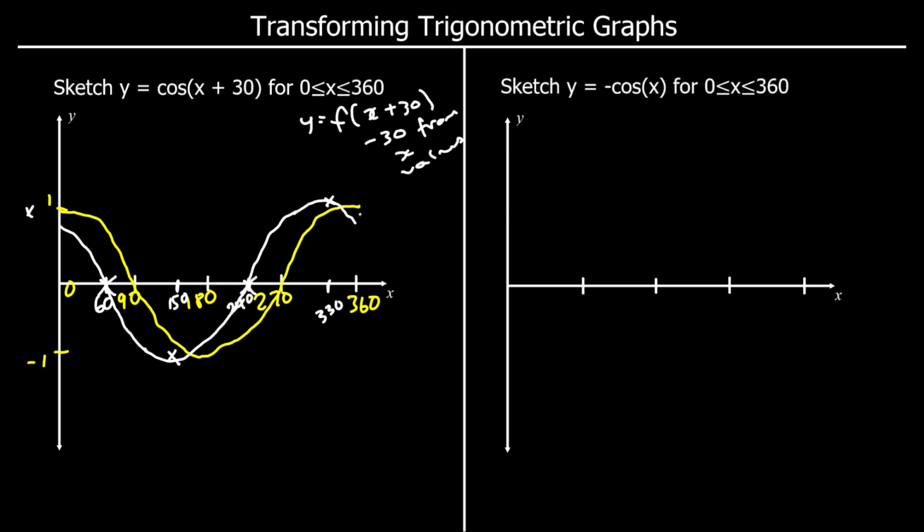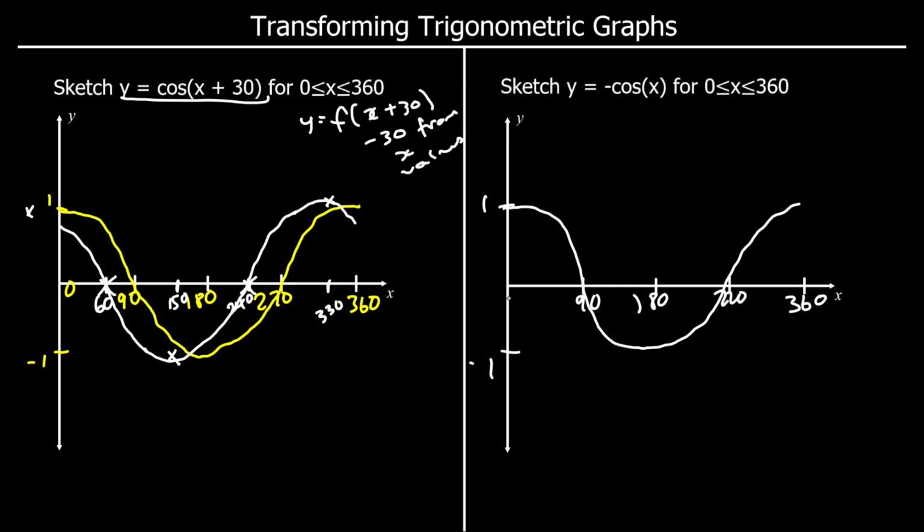Here's another one. See if you can have a go at sketch y equals negative cos x. So again, cos x is between 1 and negative 1. Starts at 1, and it has that shape. 90, 180, 270, 360.